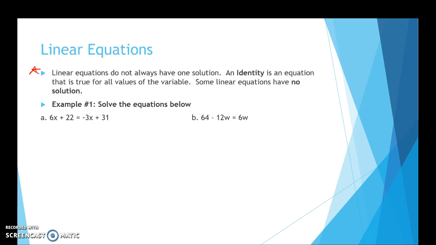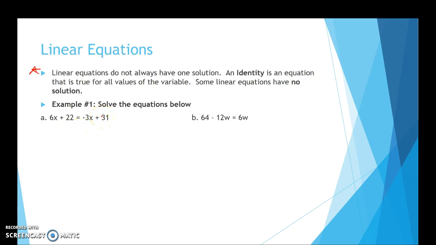But let's just go into some examples here when we're solving equations with variables on both sides. So ultimately here what you want to do is get the numbers with the variables on one side and the numbers that stand alone on the other. So when we look at example number 1, we have 6x plus 22 equals negative 3x plus 31.